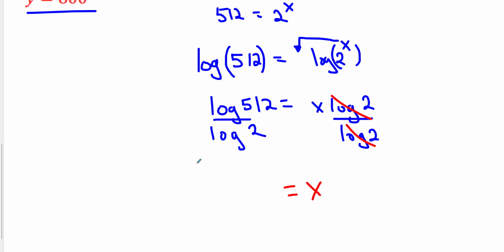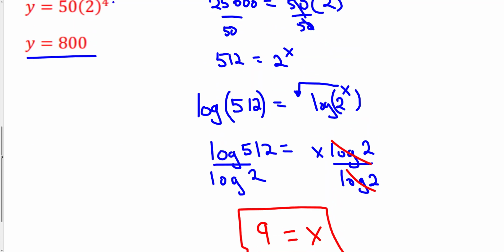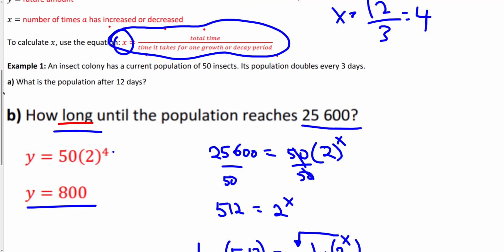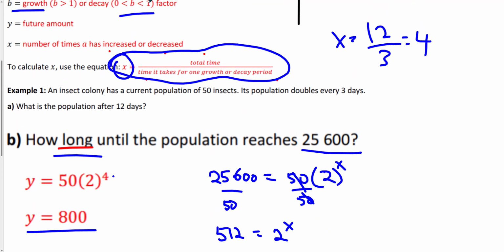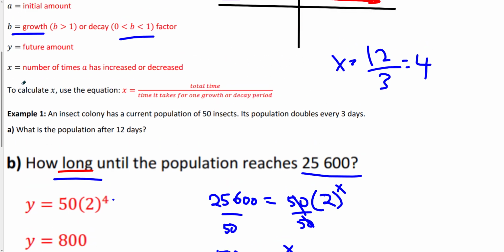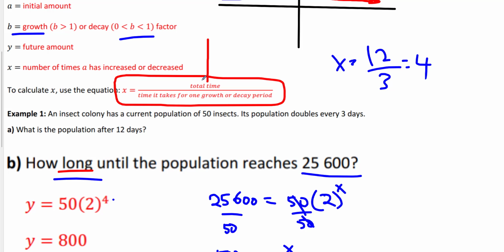All right, so you should get 9. Great, amazing, and that's the answer. X is equal to 9. But what was the question asking for? How long until the population reaches 25,600. Is your x value your time value? If you look at the equation for x right over here, it's related to your time, but it's not actually total time.